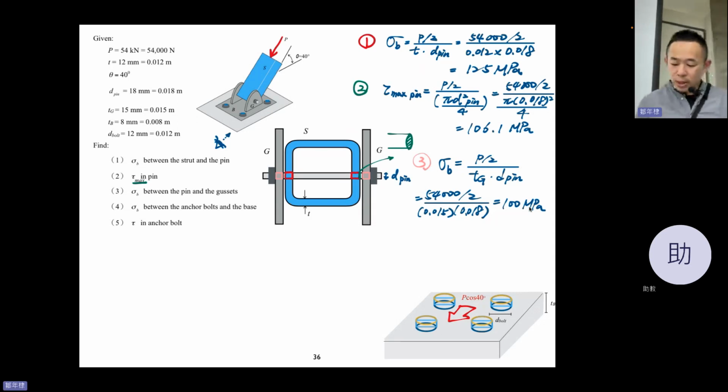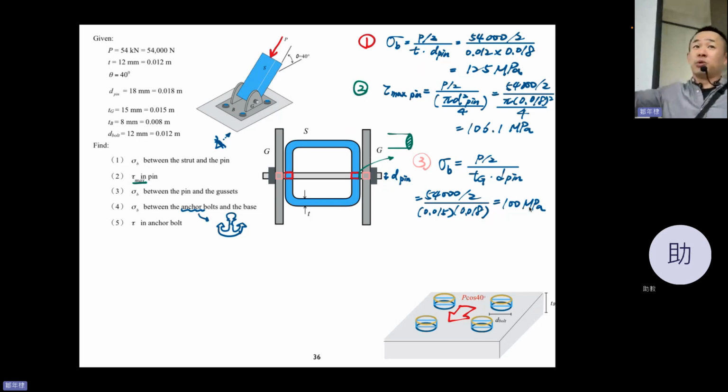The fourth one, sigma b between the anchor bolt and the base. What is anchor? Anchor is something that looks like that. You know that, right? Like a pirate ship. The boat will have this anchor to make the boat stop where you are.